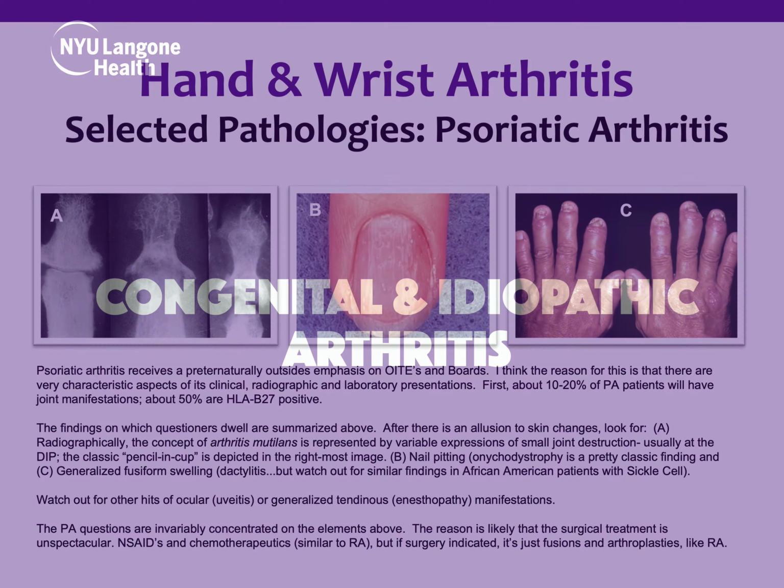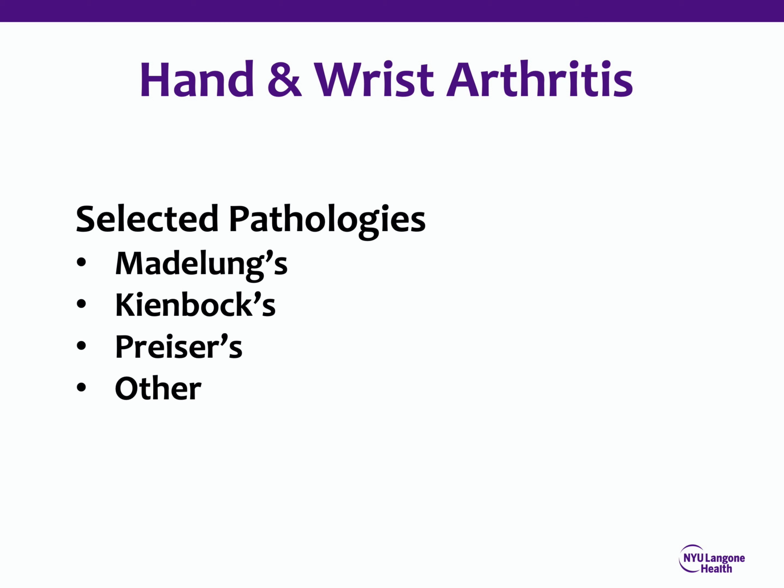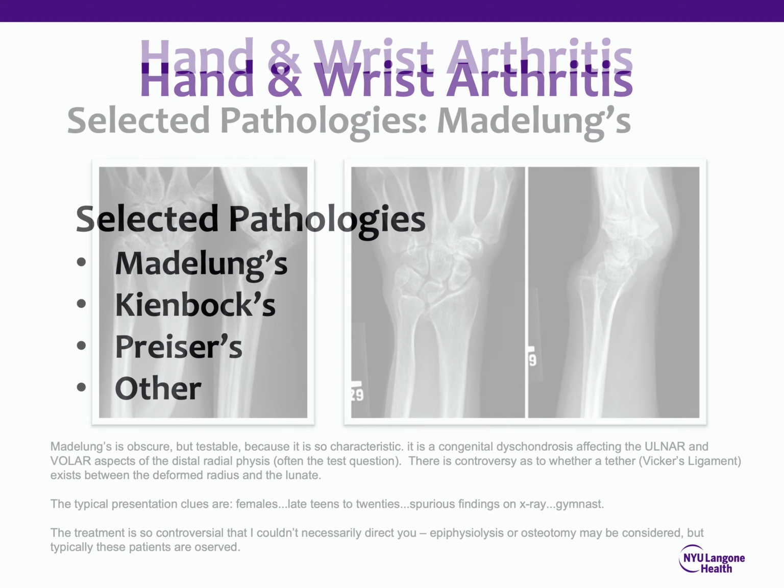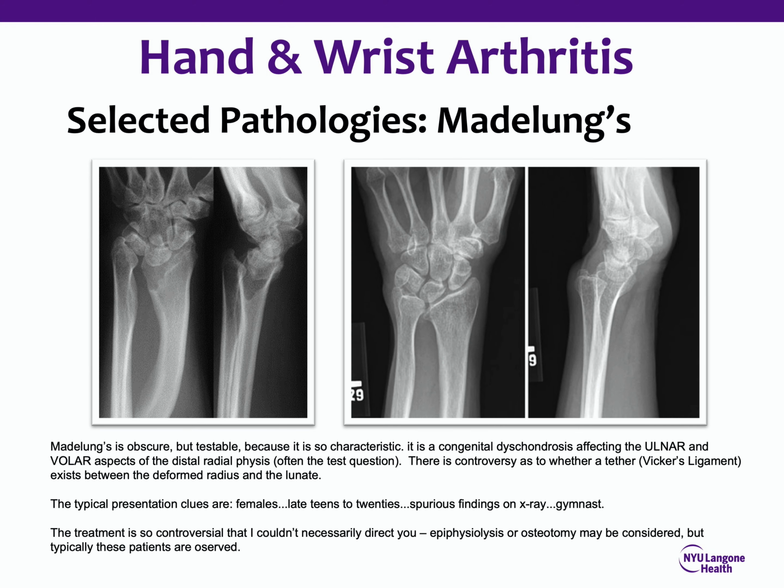Okay? Here goes nothing. Congenital is a little bit of a reach, but allow me to use that to bring in Madelung so you have a picture of that in your mind, and then talk about the osteonecroses, Kienböck and Preiser. Madelung's is this physeal failure on the ulnar aspect of the radial platform and usually on the volar aspect. So geographically, on the ulnar volar aspect, there's a failure of growth.